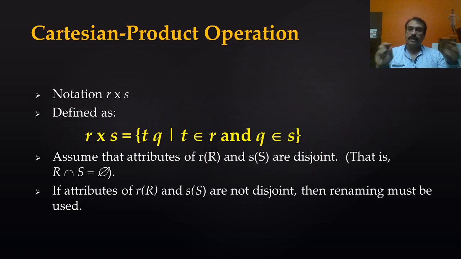It's not necessary that they share a common attribute. They may share common attributes, but even if they are totally disjoint, we can still form a Cartesian product. And if I am performing an operation of R into R, that means we will come across queries where the same relation is used twice. At that time we'll have to rename it.